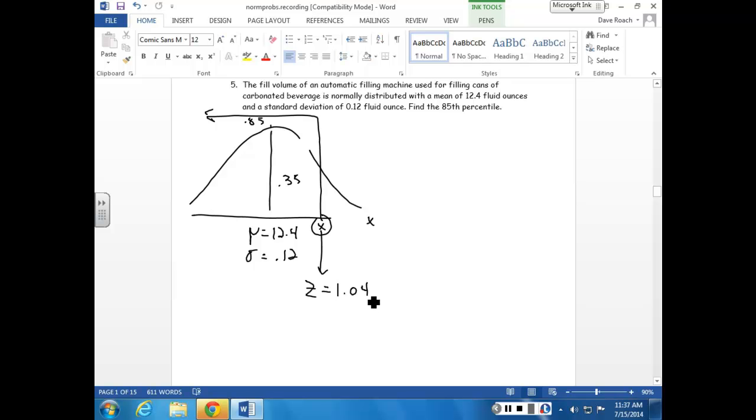So that means that this point is 1.04 standard deviations above the mean.